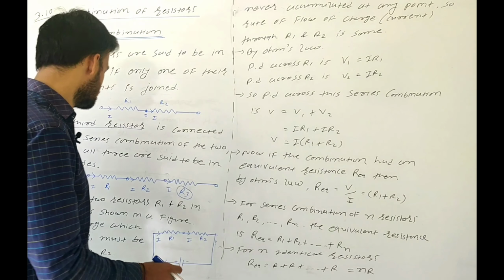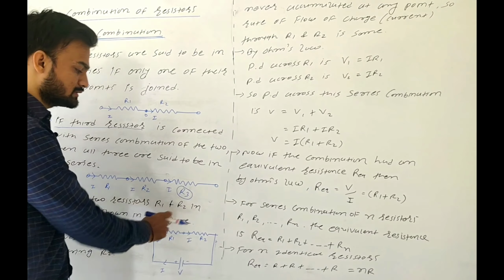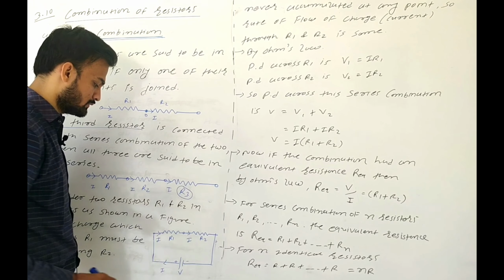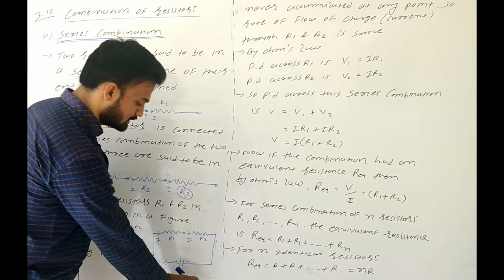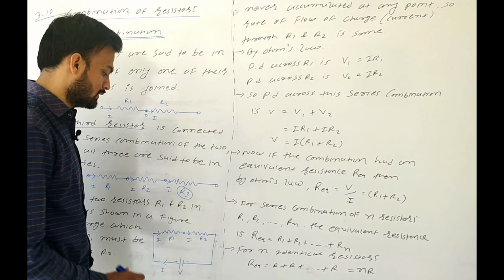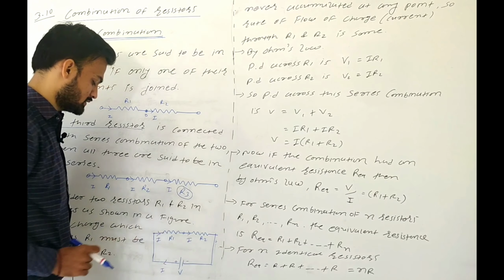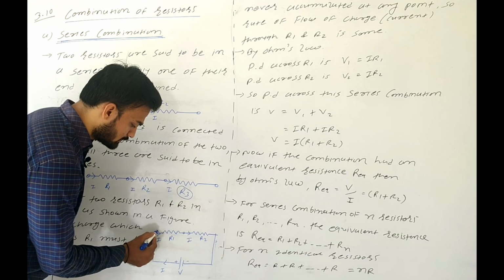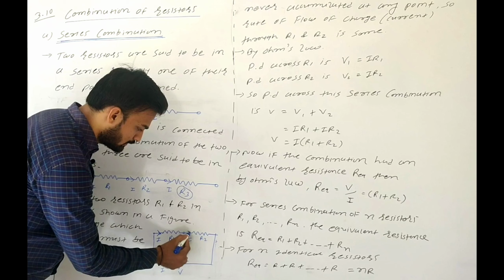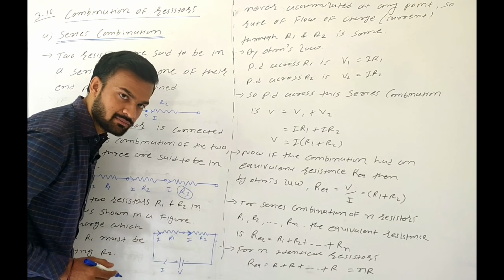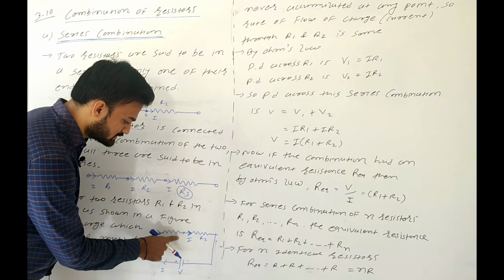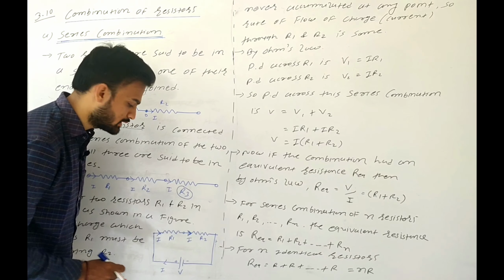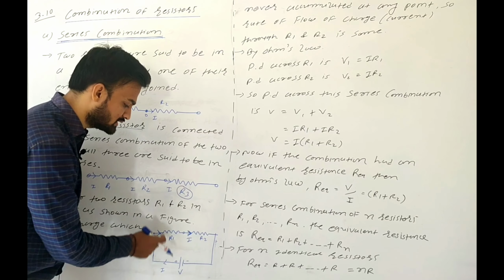Consider two such resistors R1 and R2 as shown in the figure, and potential difference V is applied across this combination. The current flowing through R1 and R2 is the same, because charge which leaves R1 must enter R2, and rate of flow of charge is known as current.